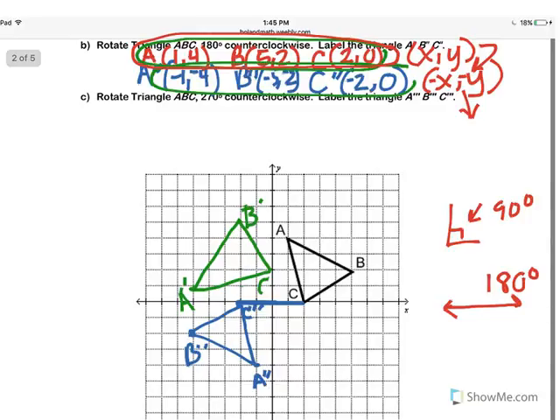So both coordinates are now opposite. That just means they have the opposite sign.